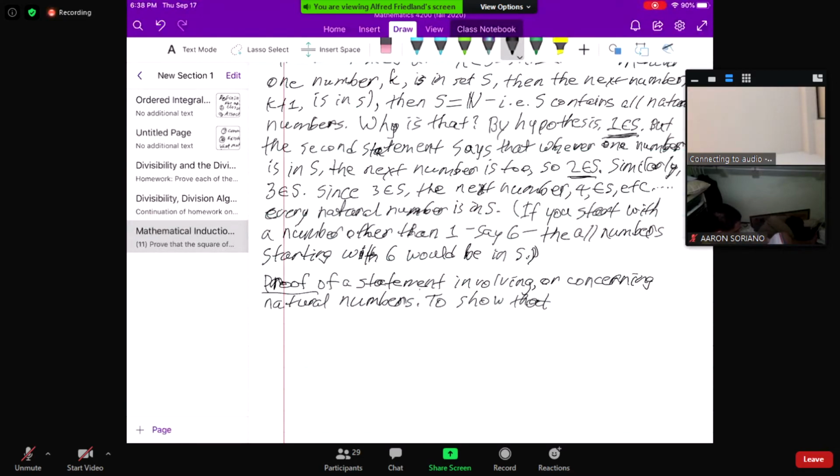So to show that a statement about natural numbers is true for all natural numbers.